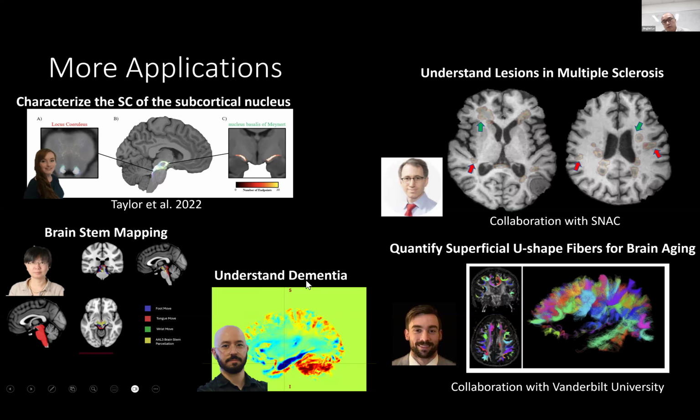And worth noting that I have discussed with Kurt Schilling. So there's possibility that our multimodal template can be used to quantify the superficial U fibers, which I believe is very important for brain aging or neuroplasticity.